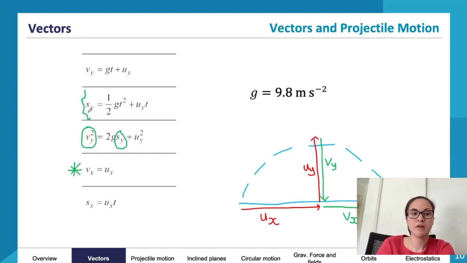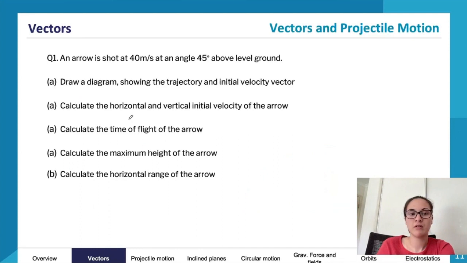That was a bad scribble. You know what I mean? To plug it into there, provided you know what time is and what Uy is, but you have to know what Uy is anyway for this part. So you can really manipulate these formulas to work in favor of what you do or don't have.